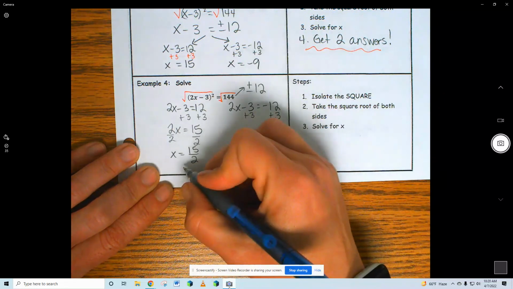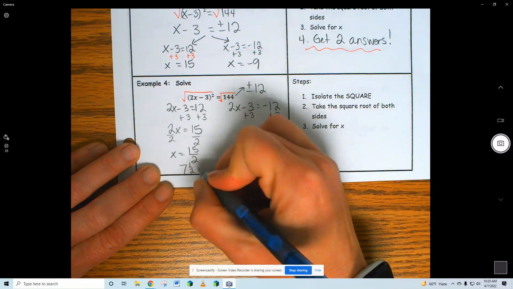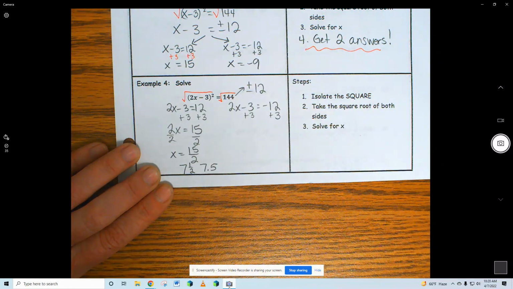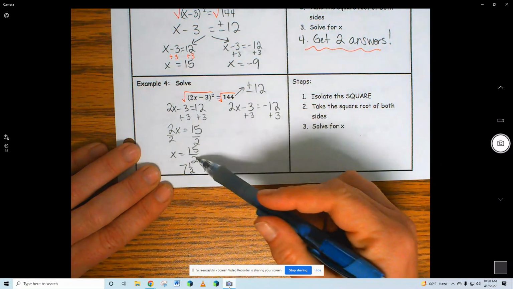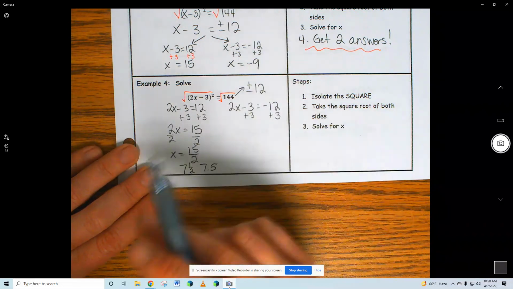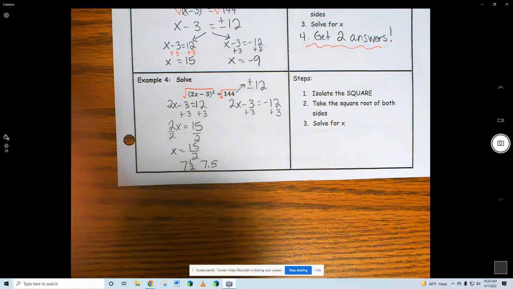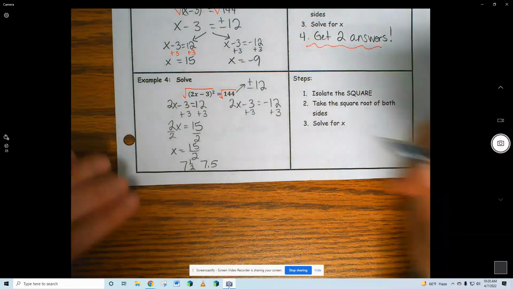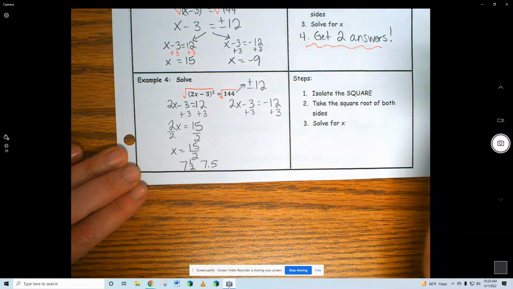Did you know that 15 halves is the same as 7 and a half, or 7.5? Changing an improper fraction to a mixed number is something that should be okay in your brain to do. So that's one of my answers.